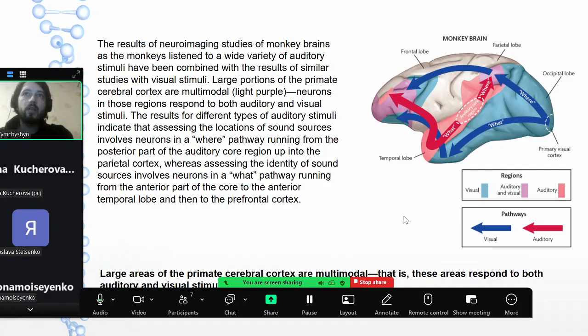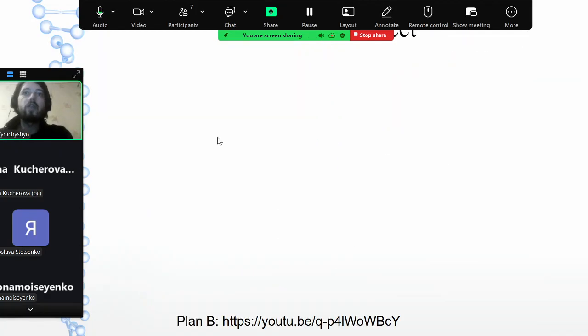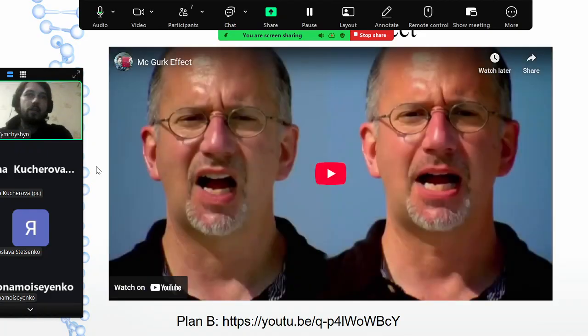The interesting thing is that we have a connection between what we see and what we hear. All these pathways come together, and we are basically processing the visual and the auditory stimuli together to create some image of the world around us.